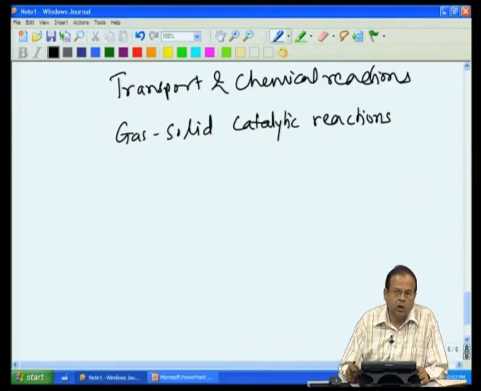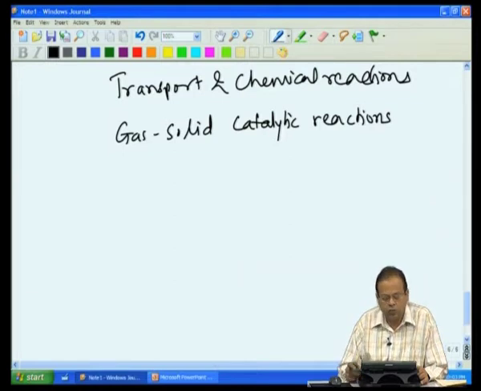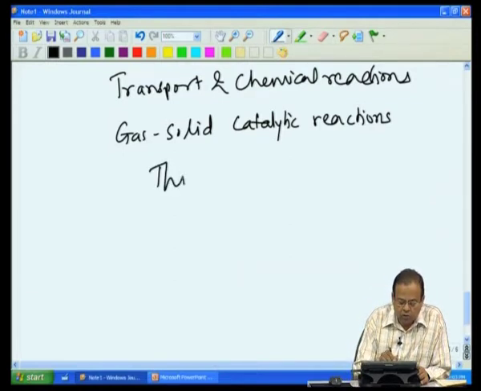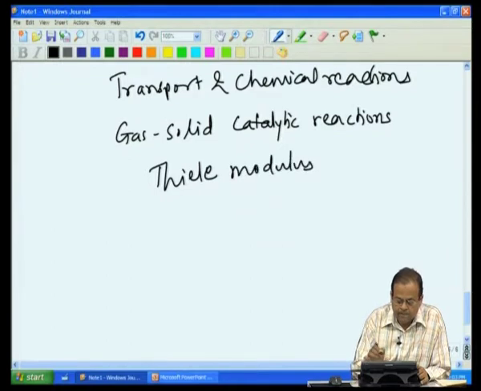For example, how do we measure whether mass transfer is limiting or not. So, we have for example, Thiele modulus, then we had concept of effectiveness factor and so on.